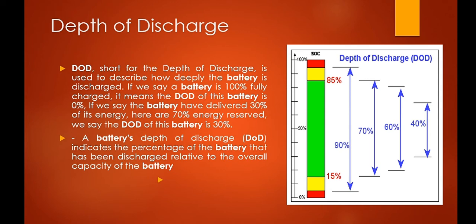But if the battery is at 70%, it means 30% of the battery energy has been provided to the home, to your system, so the DOD is 30%. So in the solar system, we provide a DOD value to the batteries for proper working.